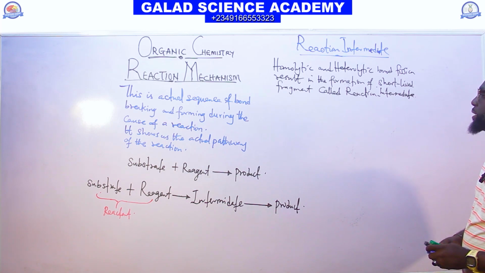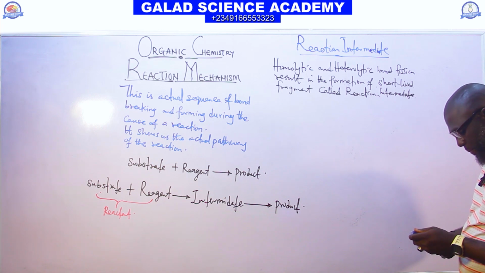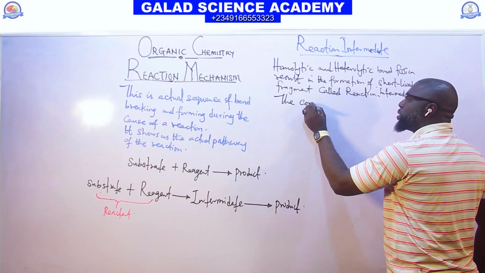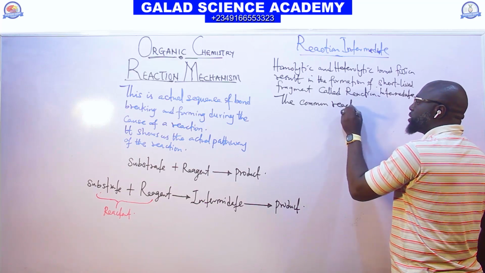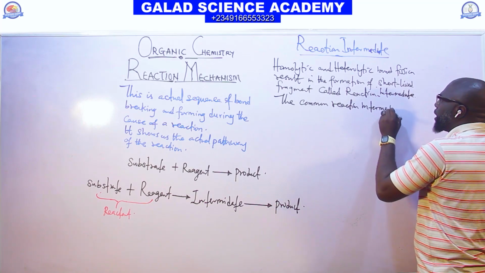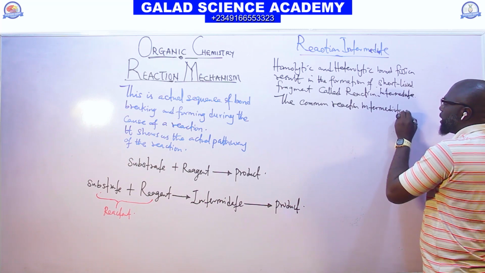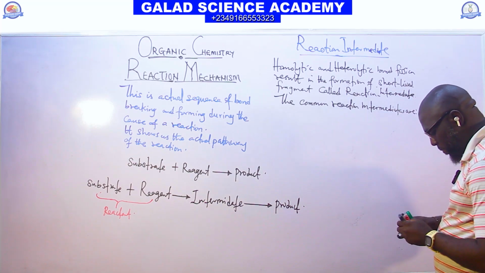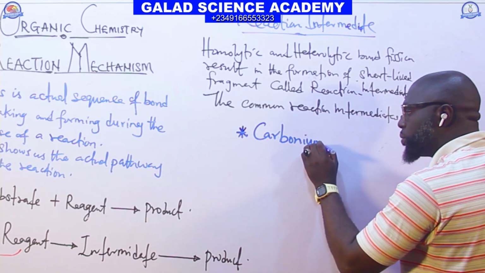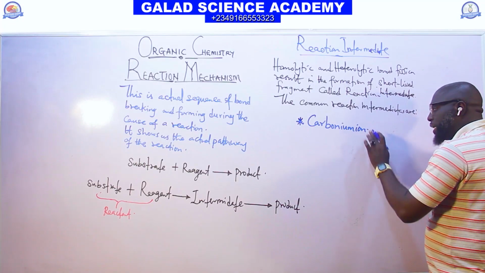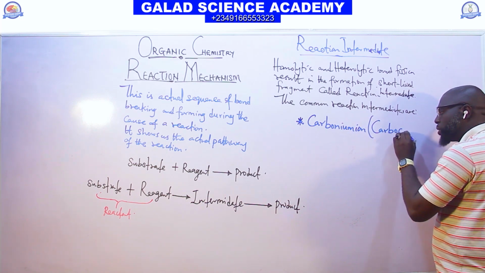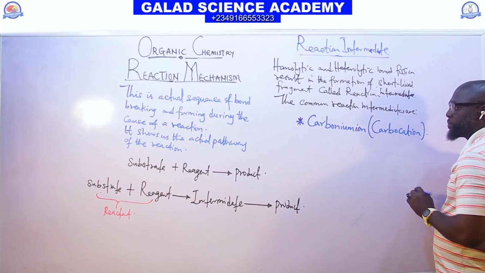And the common reaction intermediates are, number one, carbonium ion, which we can also call carbocation.